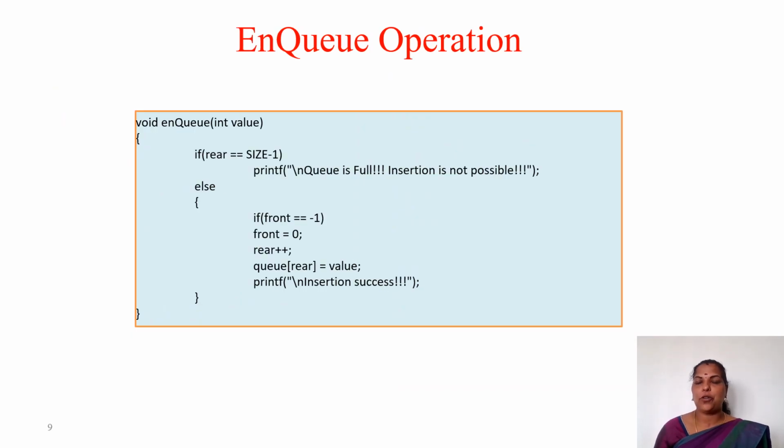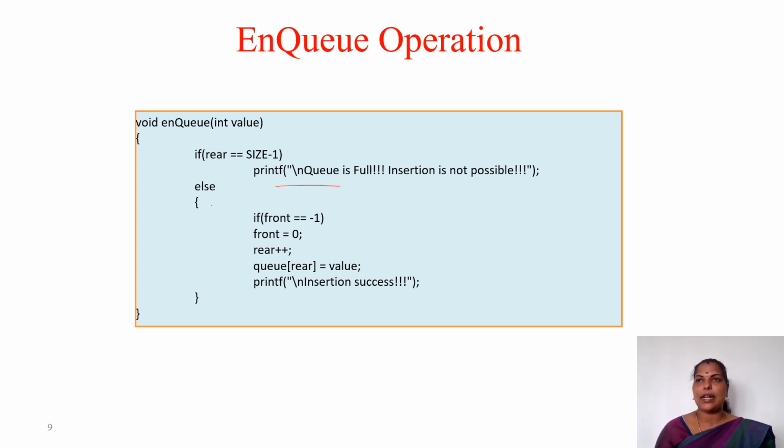Then coming to the EnQueue operation, we have already seen in the algorithm that we first check the overflow condition for the insertion operation. If rear equal to SIZE -1, then we print that the queue is full and insertion is not possible. Otherwise, we check if front equal to -1, because it is an empty queue.